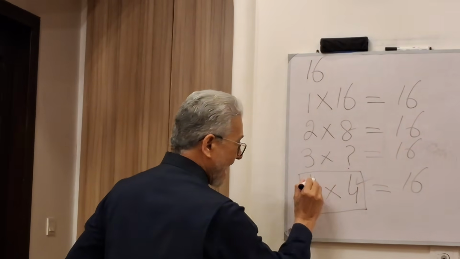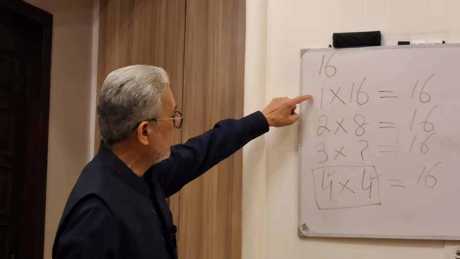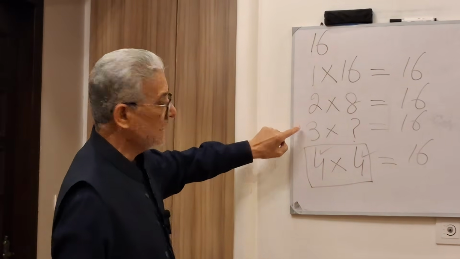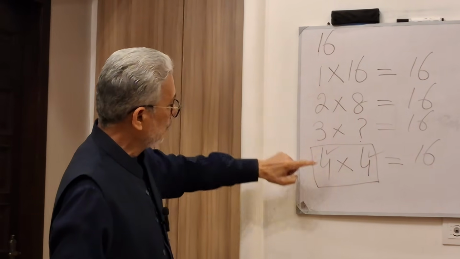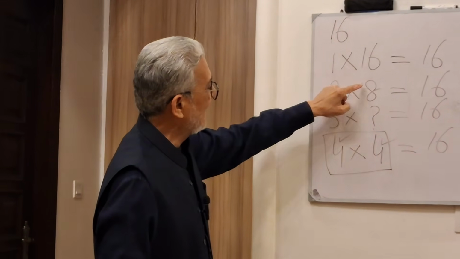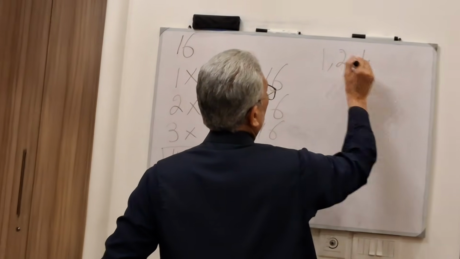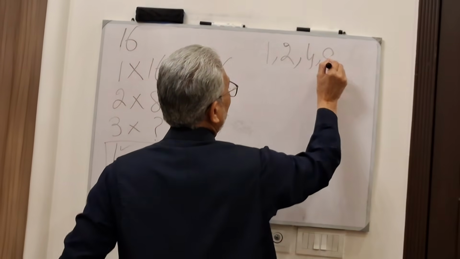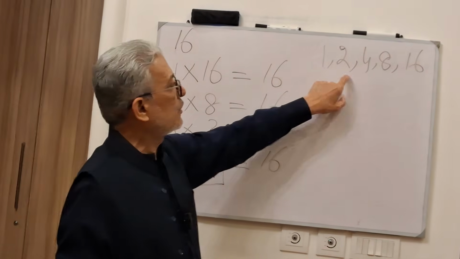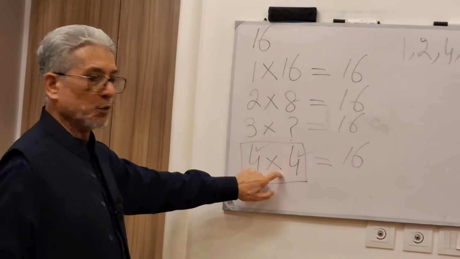Just this one or this one. Now count the factors: 1, 2, 4, 8, 16. 3 is not a factor. These are the factors, 5 factors.